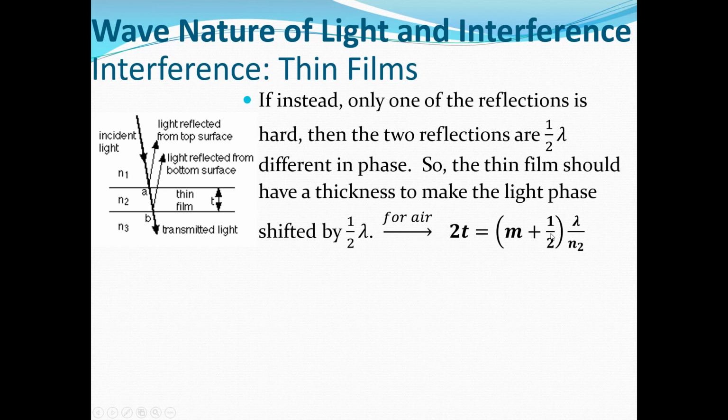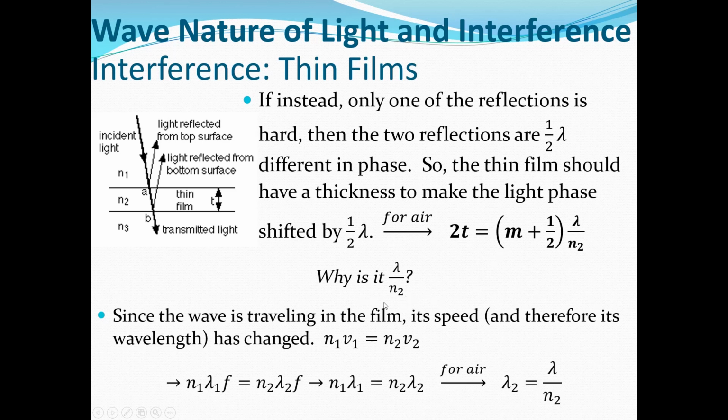Depending on whether we have a single hard reflection or a double hard reflection, it's going to change what type of interference we need, either m or m plus a half. Just like the previous double slit that I talked about, the m in this case is going to start at 0, mainly because that's the smallest number you could put in for this. That 0 plus a half gets you a half.